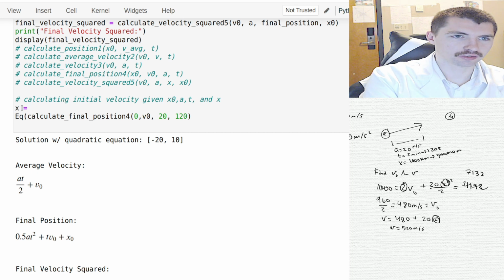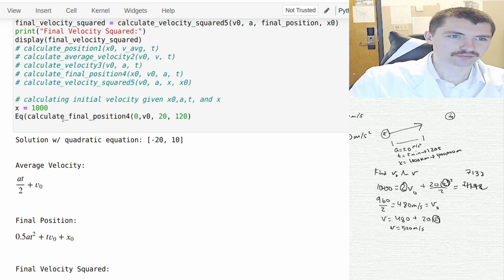X is 1000. We're going to have x is that.